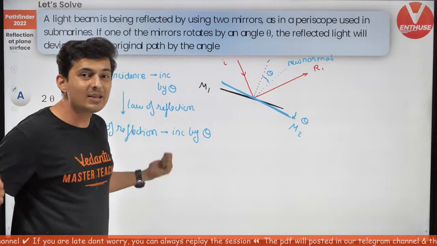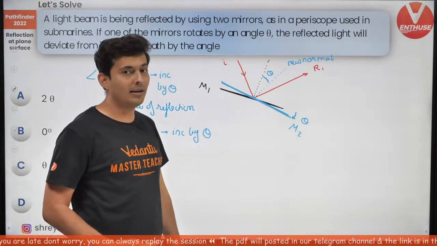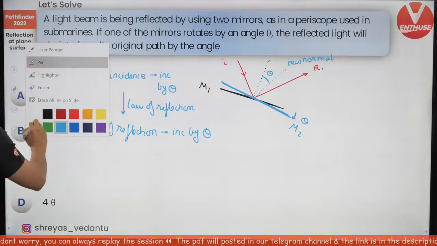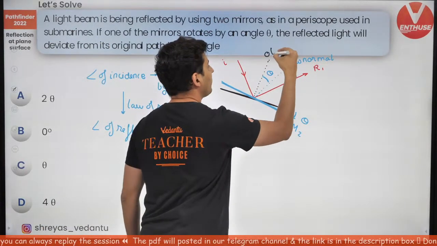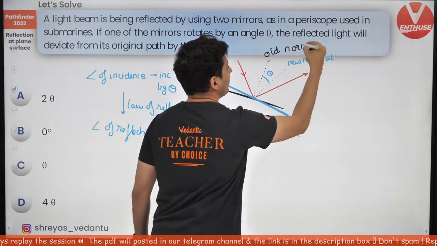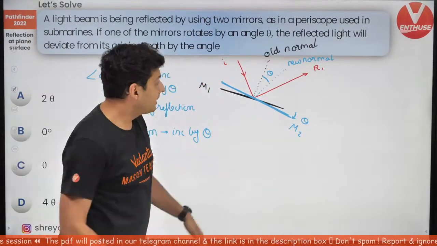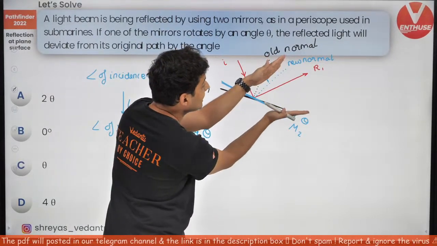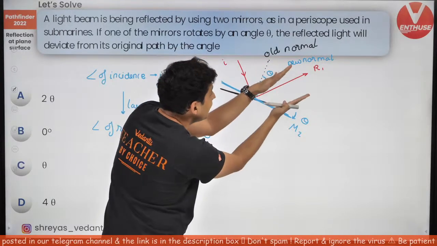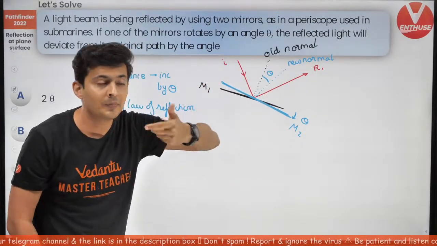Now it will increase by theta, but not with the old normal. That's the catch. Understand? This was your old normal. The angle of reflection has increased by theta, but the normal itself has tilted by theta.